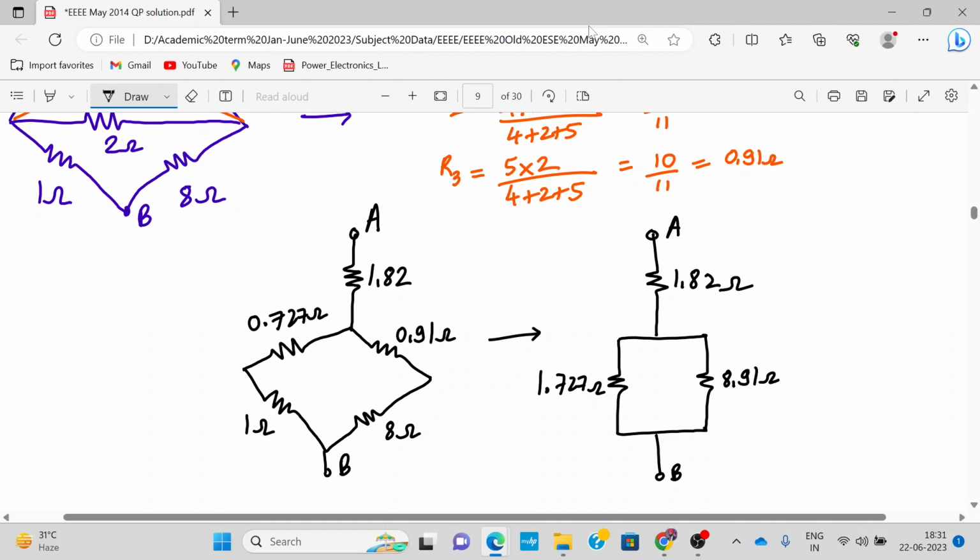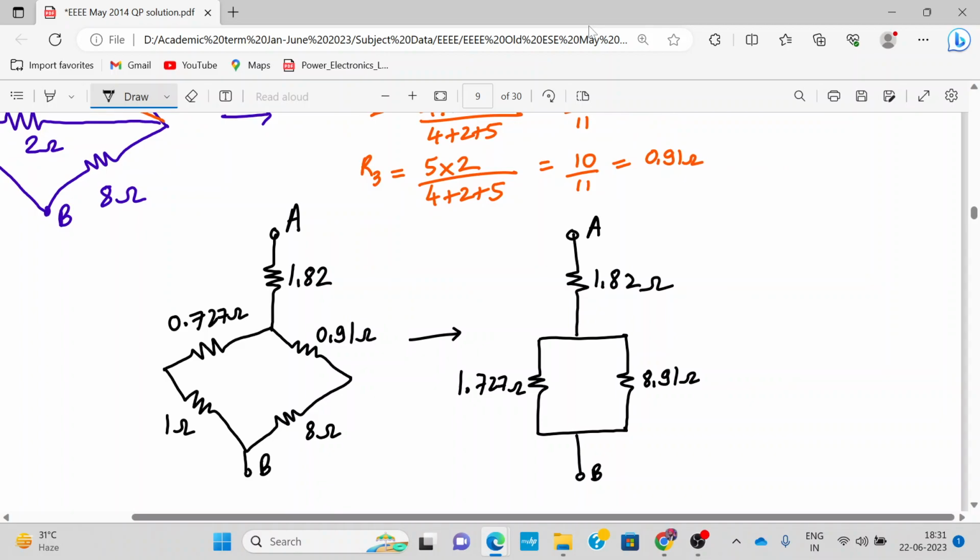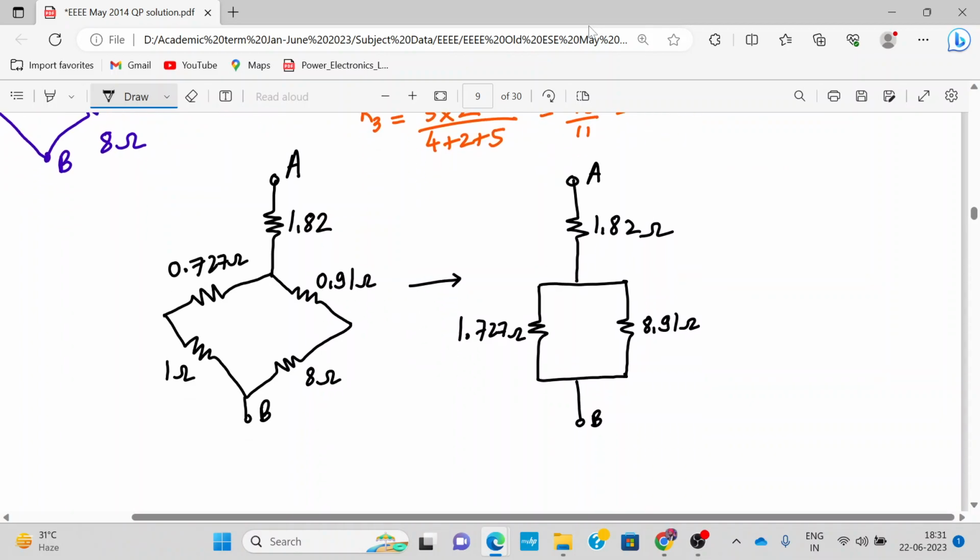This is A. So now we have to determine the parallel combination. 1.727 ohms parallel to 8.91 ohms. How much is that? You have to quickly calculate. That comes out to be 1.448 ohms. Okay.